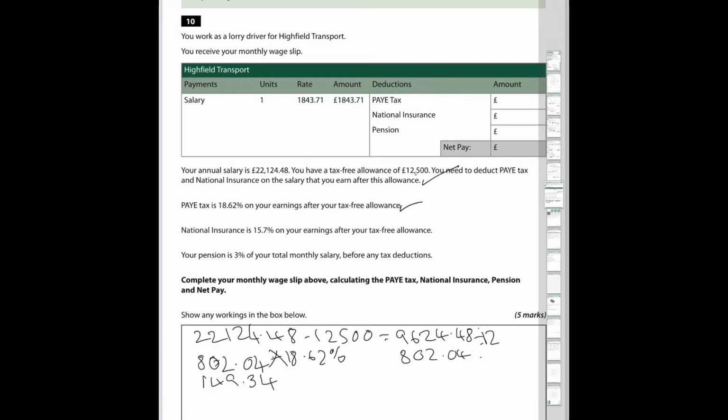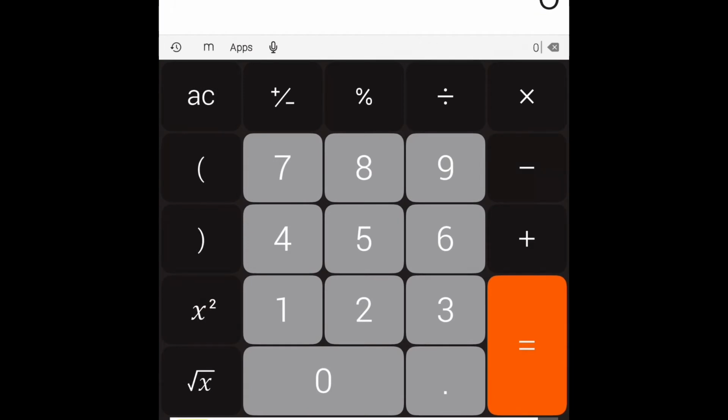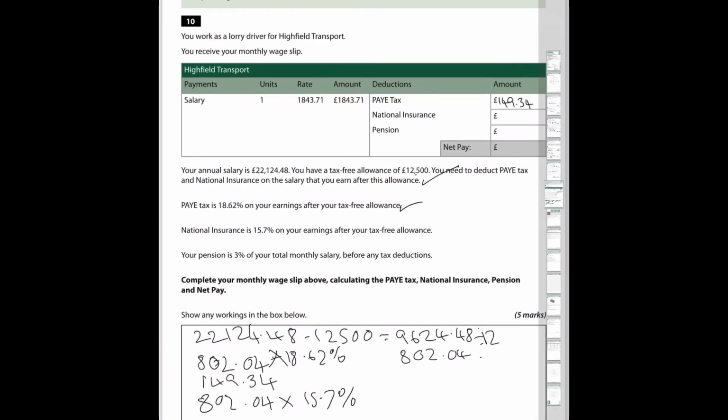So that is the PAYE tax. So we've done that. We can put that up here. 149.34. Okay, next one. National insurance is 15.7% on your earnings after your tax-free allowance. So again, we take 802.04 and times that by 15.7%, which is 125.92. And that national insurance is what goes up here.